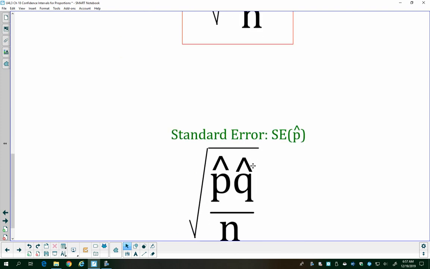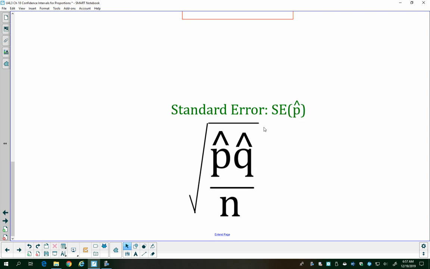And then if we break that margin of error down a little bit further, that square root is what we call the standard error. When we talked about the distribution of sample proportions, we were calling it the standard deviation of P hat. And so when we're building a confidence interval, we're going to call it the standard error of P hat. It's essentially the same formula, except in this case, we're using sample proportions to find this value.